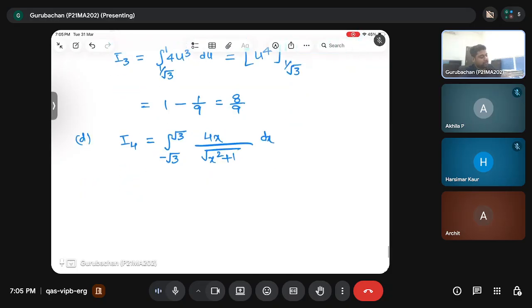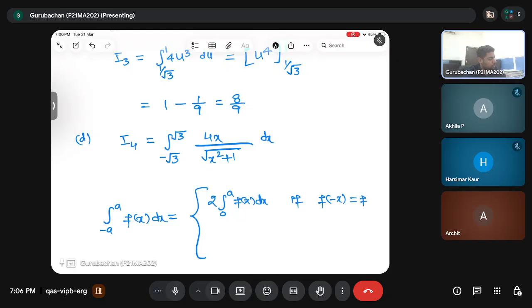That means you have not seen the lectures. The integral from minus a to a of f(x) dx will be 2 times the integral from 0 to a of f(x) dx if f is an even function, and 0 if f is an odd function.